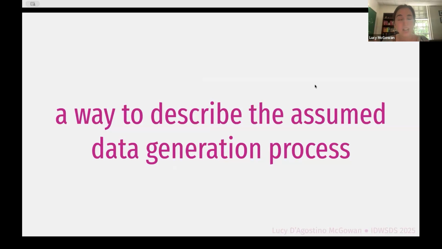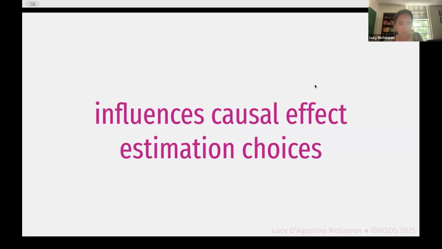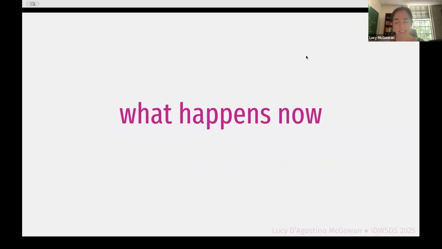As a statistician, we could write out our assumptions mathematically, and you can back into what the assumptions are based on what things you adjust for in a causal analysis. But I find, especially for collaborating across different disciplines, these visuals make it really helpful to make sure we're all on the same page. And so ultimately it influences the causal effect estimation choices. How we estimate those causal effects is often driven by the DAGs themselves, or these assumed pieces.